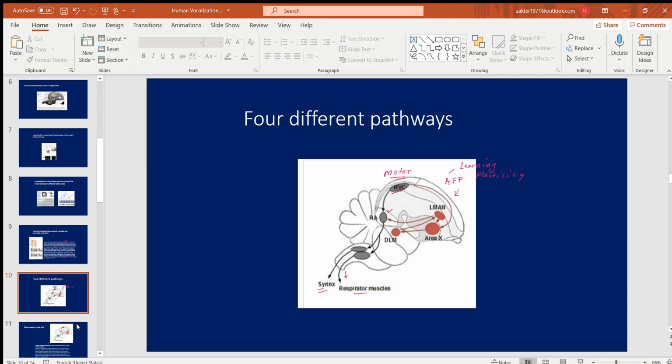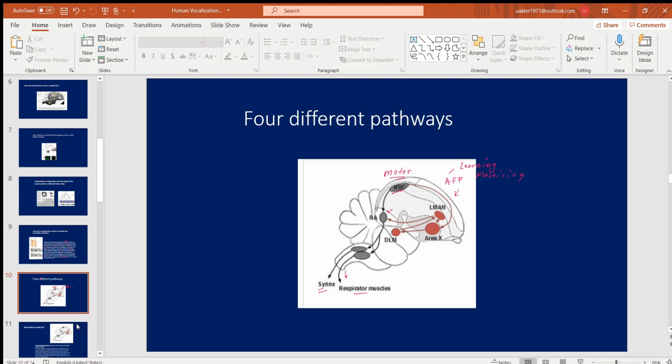and then RA sends signal or axons to separate motor nuclei, where the motor neurons innervate the vocal organs in birds, called the syrinx and the respiratory muscles.